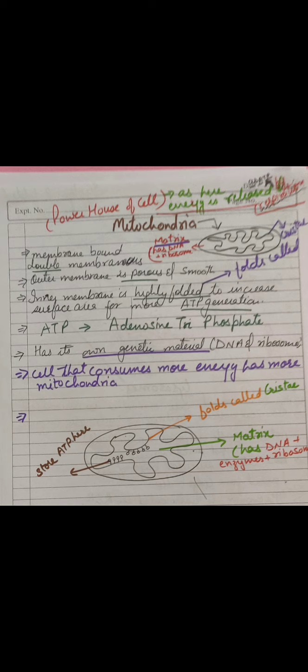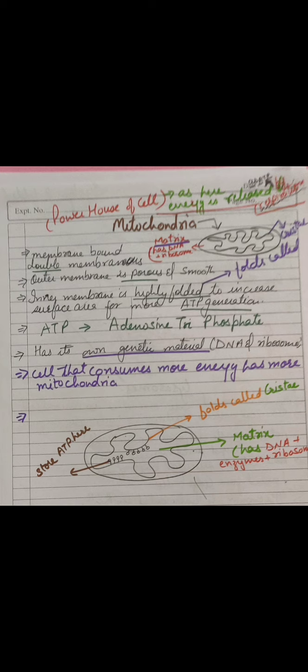Question: why is the inner membrane not as smooth as the outermost? The inner membrane is highly folded because by this it increases the surface area, for more ATP generation. It means more energy molecules are made in this area, and more energy gets packed.